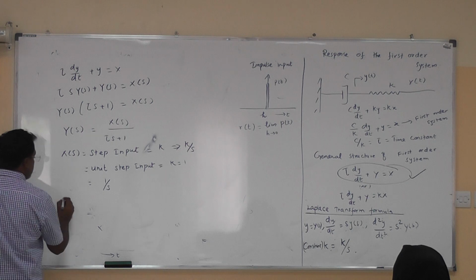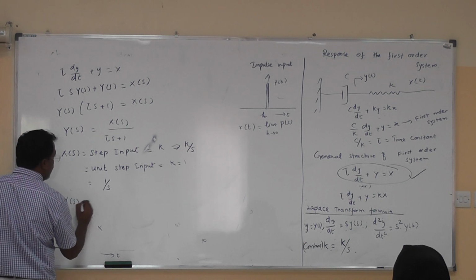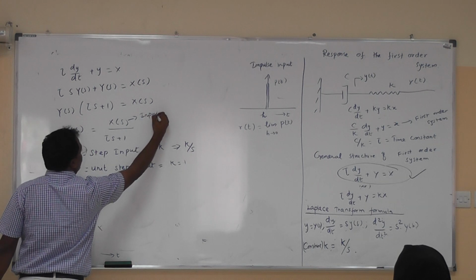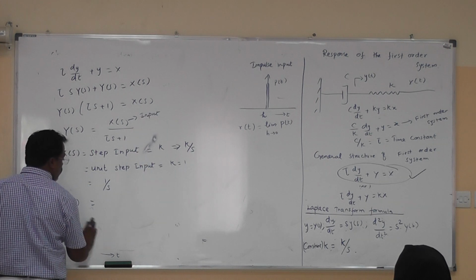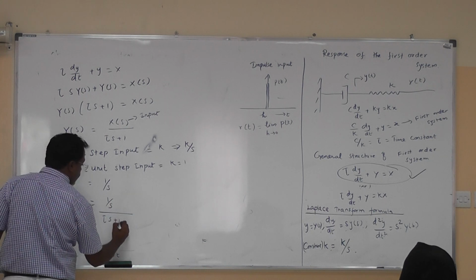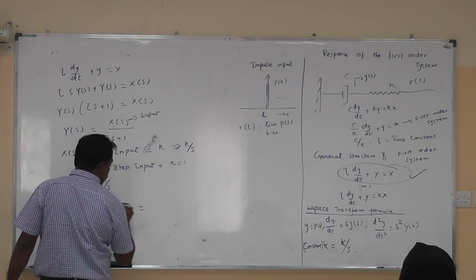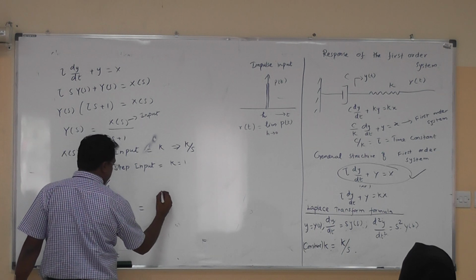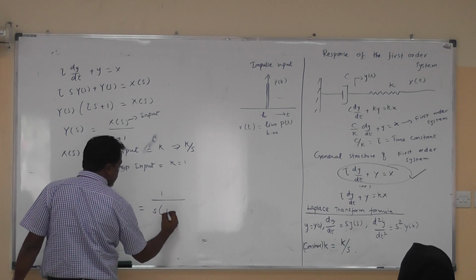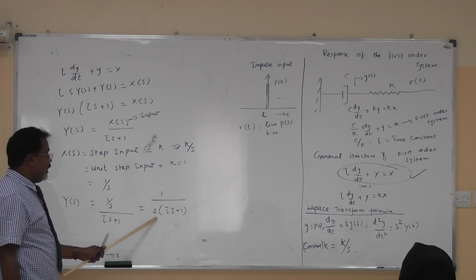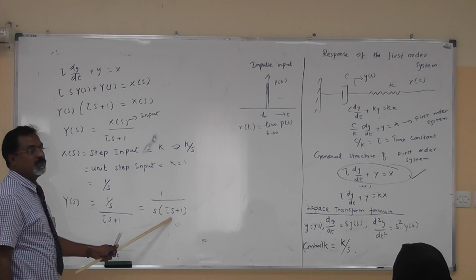Y of s equal to, X of s is the input, so I give 1 by s, then tau s plus 1. So mathematically, 1 divided by s into tau s plus 1.